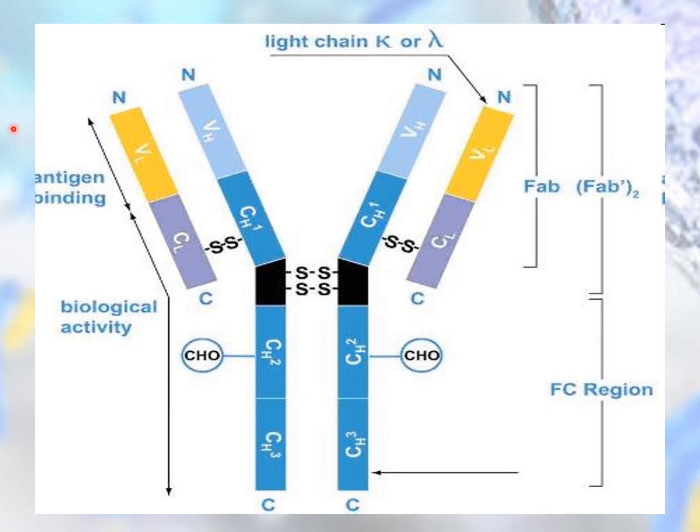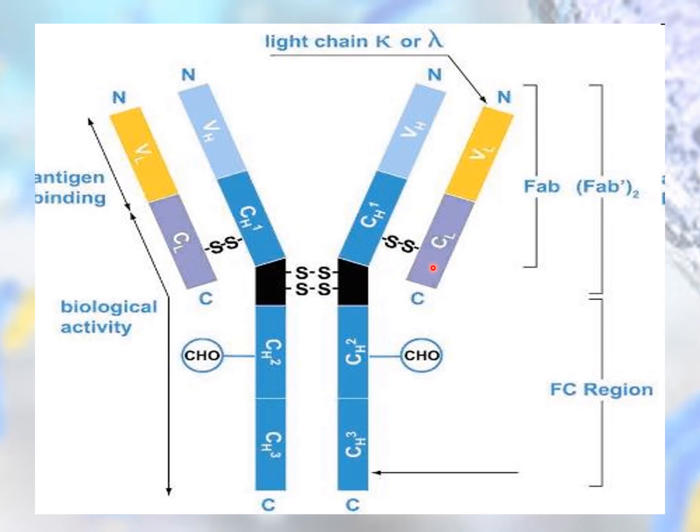An antibody molecule is composed of four polypeptides: two identical heavy chains that are connected to each other to form the Y-shaped formation, and two light chains. Disulfide bonds between the cysteine amino acids of these polypeptides connect them to each other.